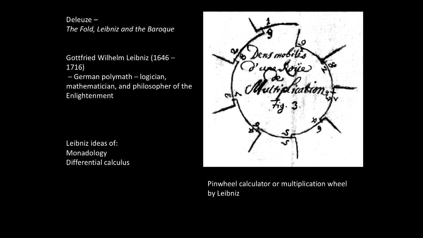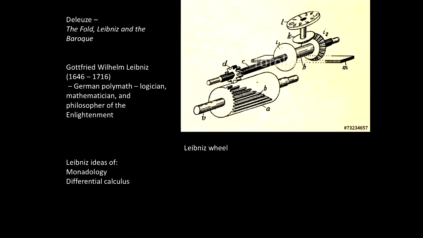Also, when I say he's an inventor, and some of his contributions to mathematics other than differential calculus, is that he's also creating early computers, or early calculators. He invented this thing called the pinwheel calculator or the multiplication wheel, and then something that's actually called the Leibniz wheel. What you see here is basically this cylinder that has all these different points where this gear moves across.